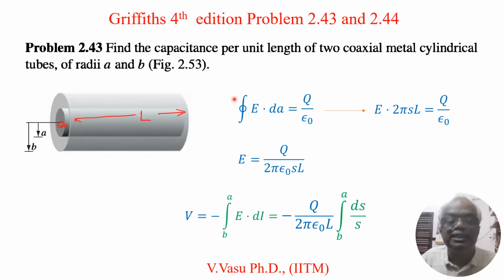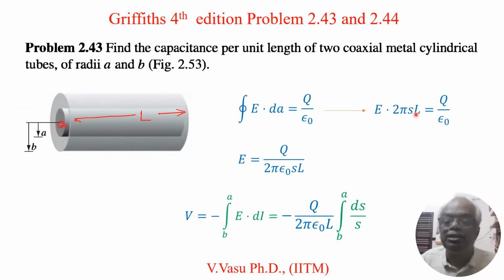From Gauss's law in integral form, the surface integral of E dot dA is equal to Q over epsilon naught. The total charge we have taken as Q, and the area is 2 pi s L, where s is the distance measured from the center of the cylinders.